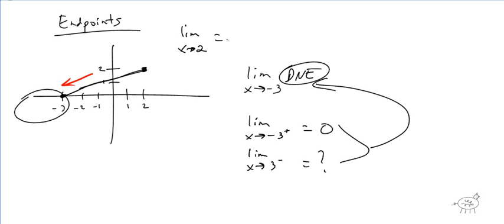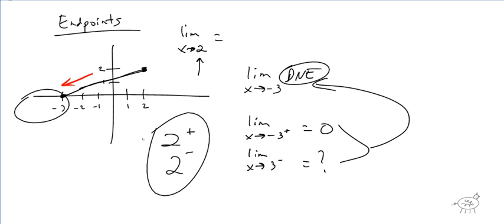I mean, you guys should look at this right now and say, oh, I'm talking about a two-sided limit because I don't have a plus here, or I don't have a minus here, so which is the left and right hand limit. I don't have those, so that's a two-sided limit, and you guys should say, oh, that doesn't exist because I have no idea what's going on on the right hand side. Okay, so that's pretty important to understand.